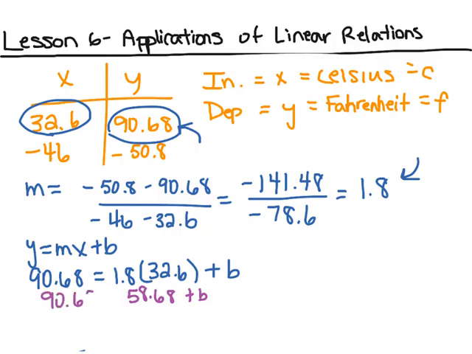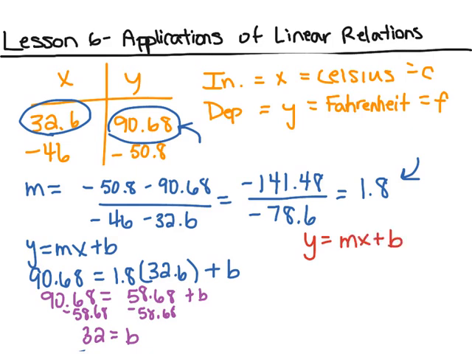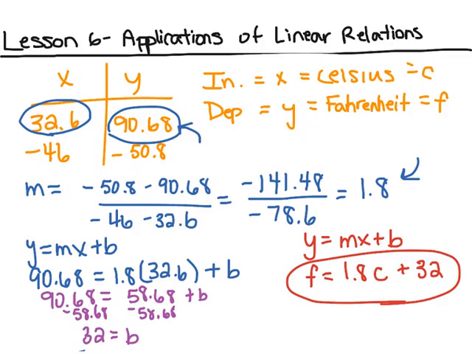We're going to subtract that from both sides, and we get 32 is equal to b. So the equation between Celsius and Fahrenheit, y equals mx plus b: we know our y is Fahrenheit, our slope is 1.8, our x is Celsius, and our intercept is 32. So here's our equation.